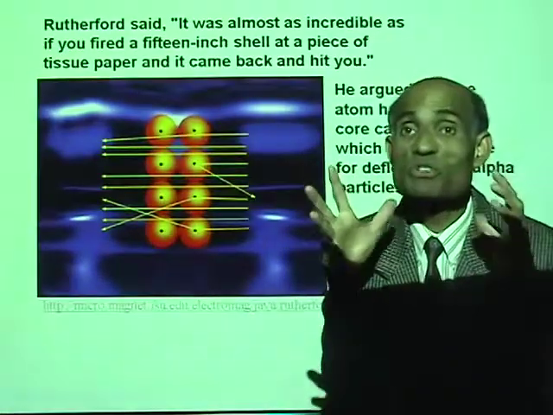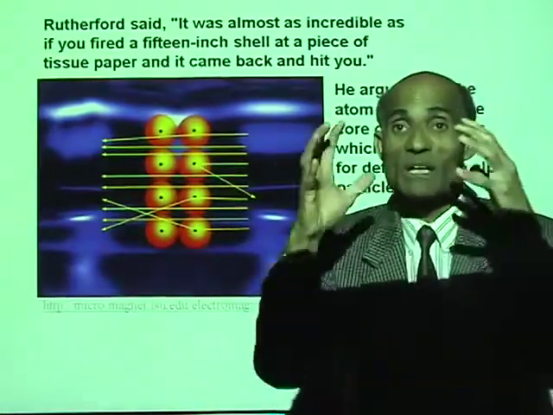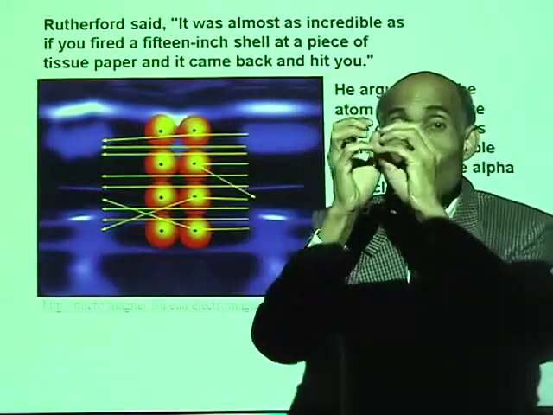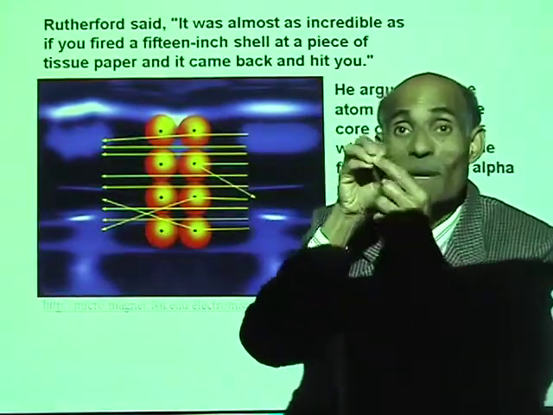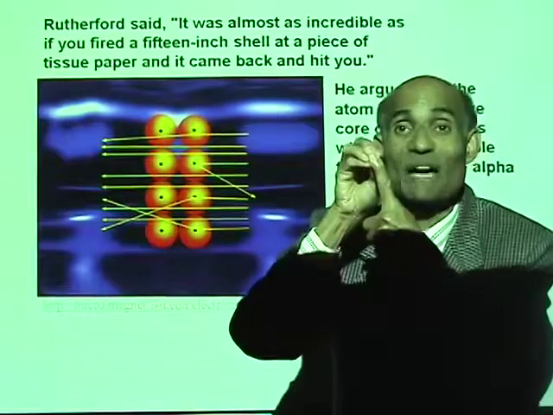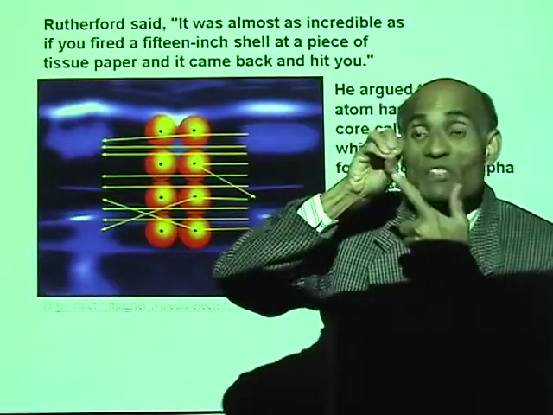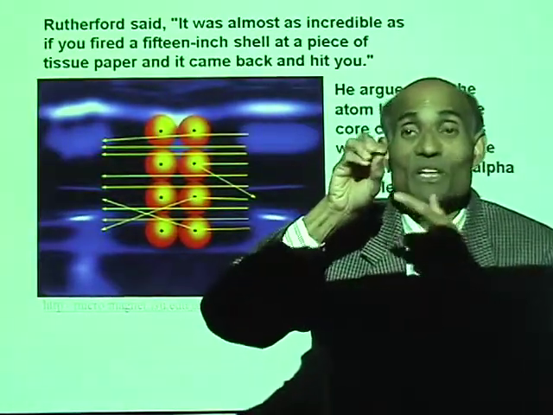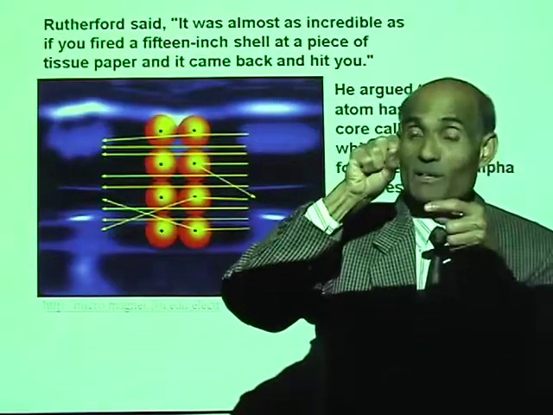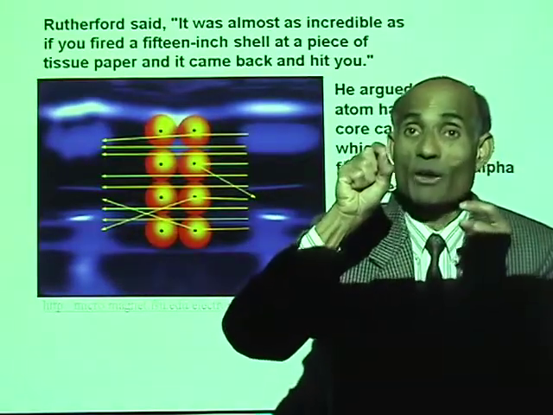My experiment doesn't show that to me. He said the positive part of the atom actually forms a central core of the atom. In fact, that is the hard part. It's a very small part, but it is very hard.